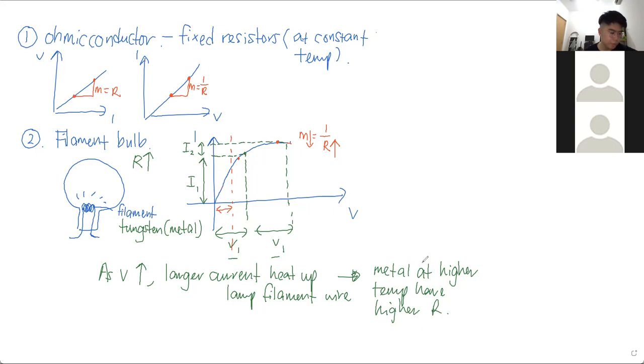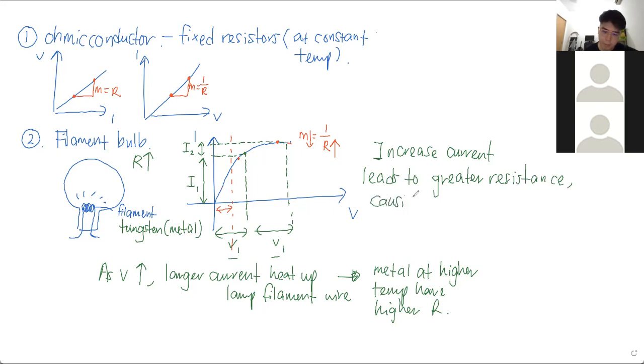So conclusion: the increase in the current leads to greater resistance, causing the curve to flatten out.